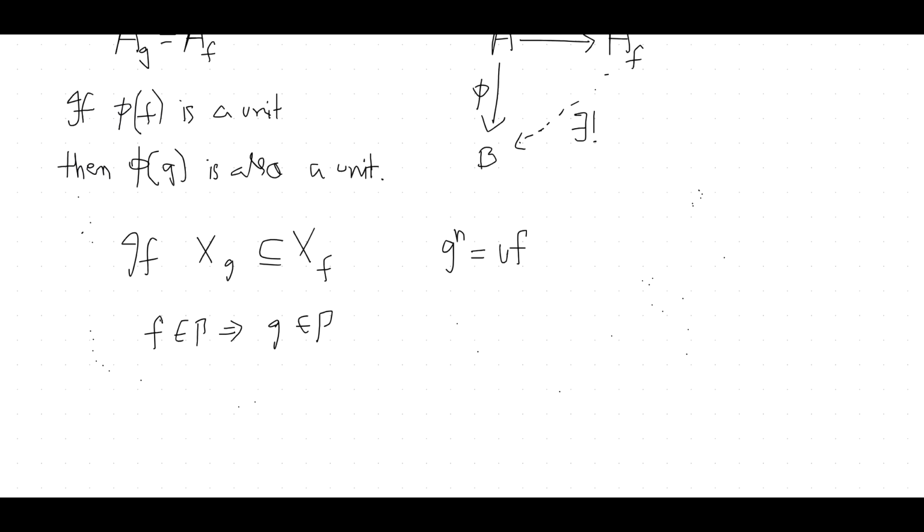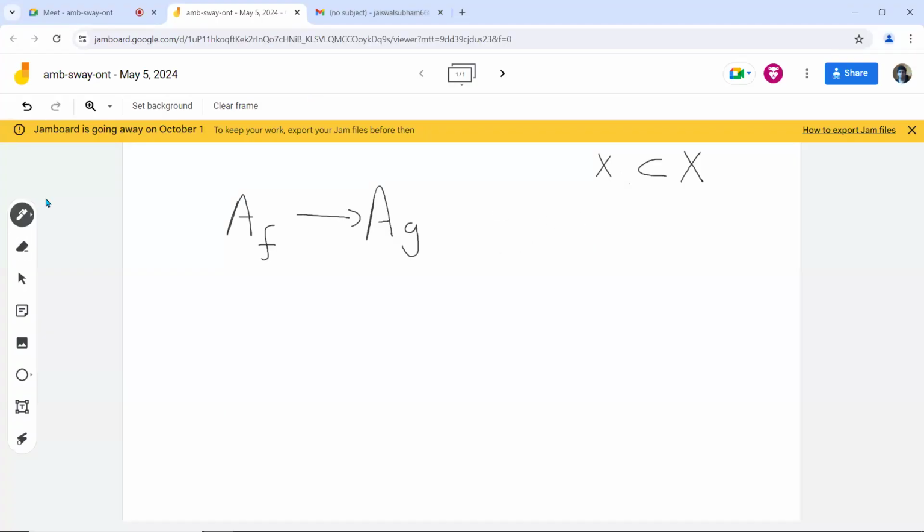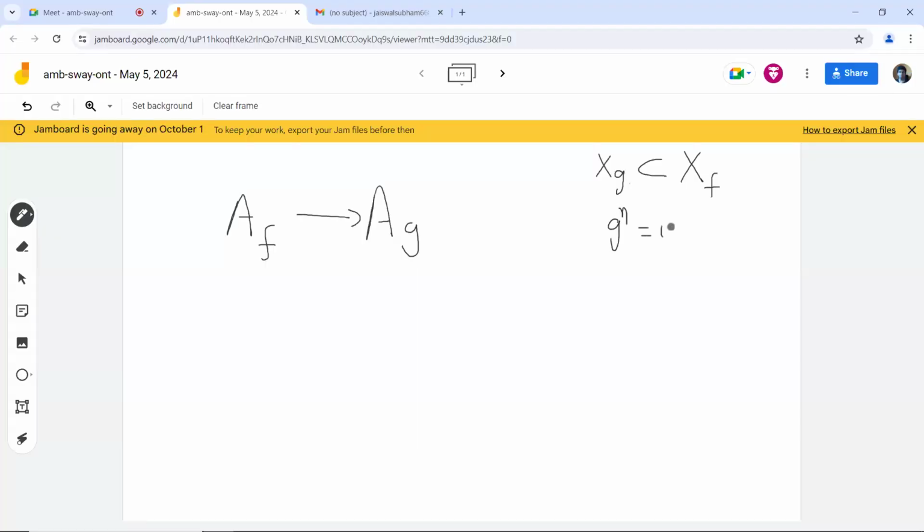We had that this XG is contained in XF, and G to the power n is equal to UF.